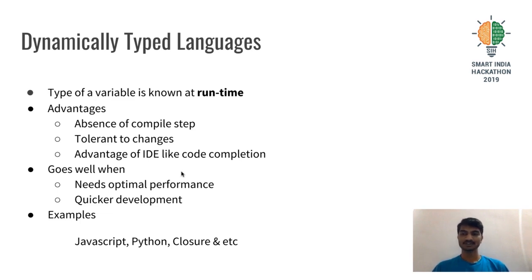So when we are choosing our language, it is better to consider all these parameters, starting from your development team's comfort, and then your requirements, and what kind of goal you're going to achieve, whether you require a lot of focus on performance, or whether you need to consider development time, and what the ultimate goal of the system is going to be.